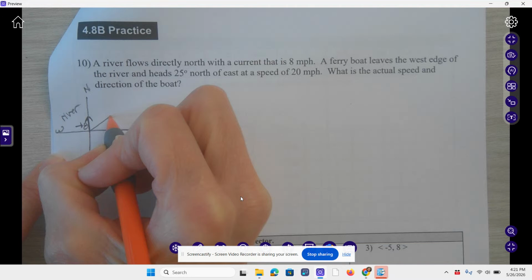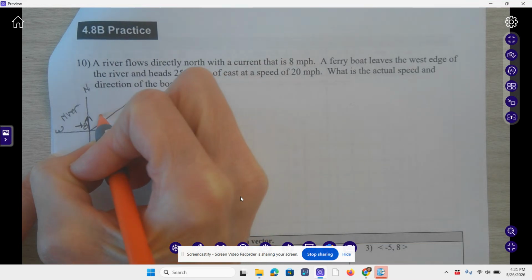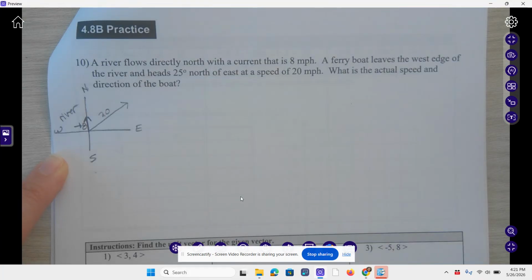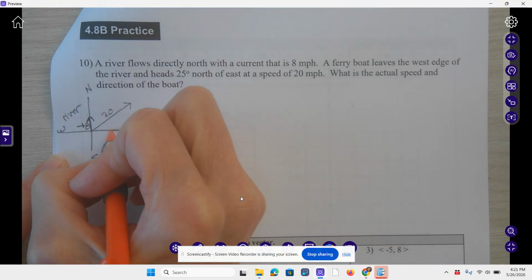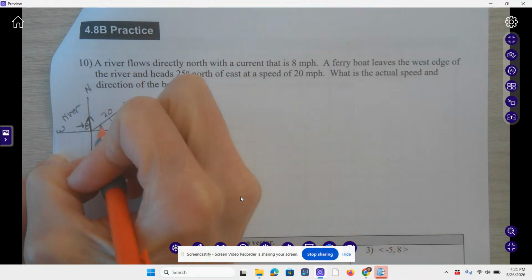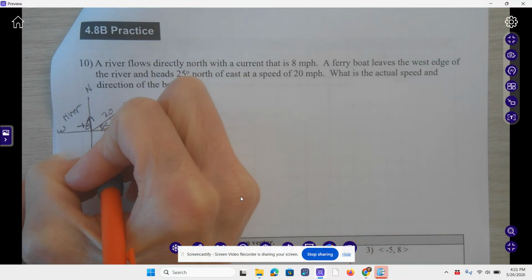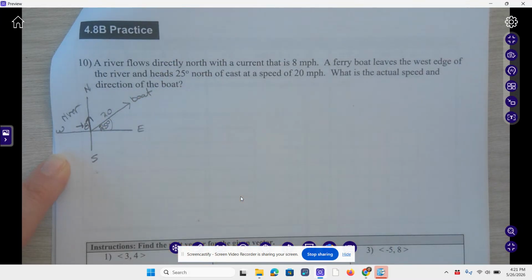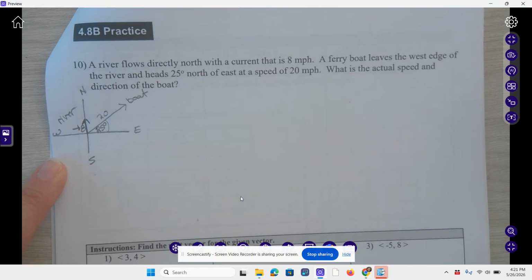And it has a speed of 20, so I'm going to make this one a little longer. So that vector represents the boat, and this is 20. 25 degrees. So this is the boat. Okay? So that is what is happening.